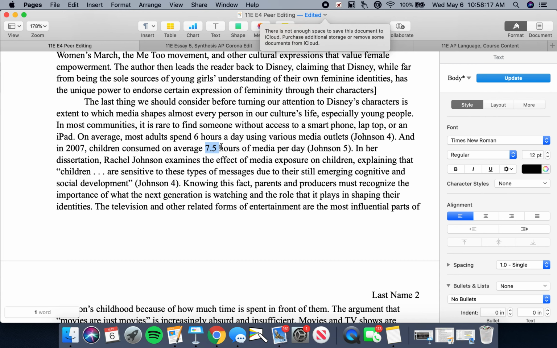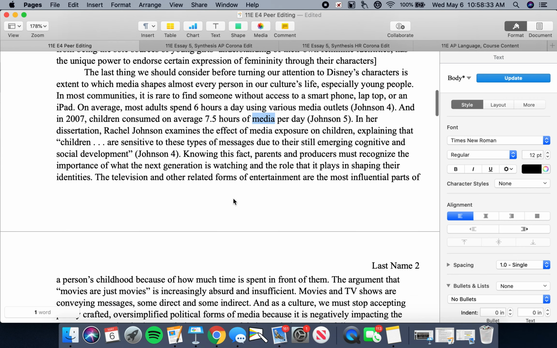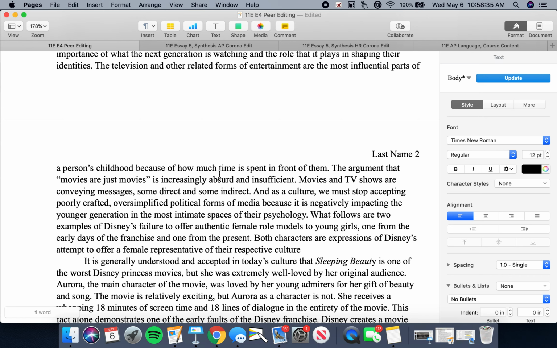This huge media outlet that has broad range of power and influence, according to producing content that is consumed by young children in their 7.5 hours of media consumption on a daily basis. Okay, so the student here is basically undercutting the argument that movies are just movies or media is just media. It's just an animated movie. It's no big deal. Okay.